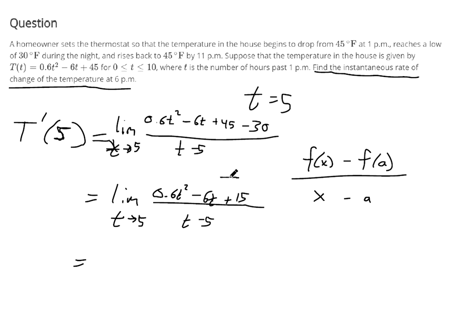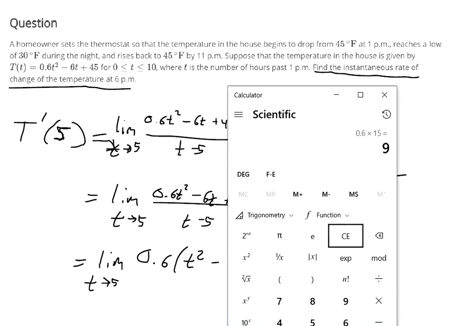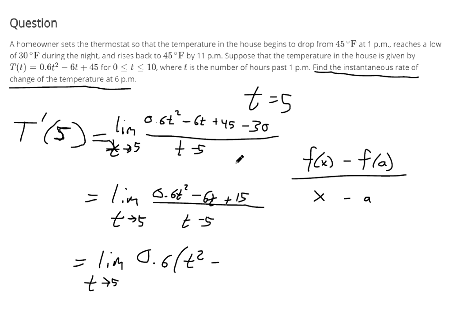I'm going to divide everything in the top by 0.6 to try to make it easier to look at. That way the leading coefficient is 1, and that makes it easier to factor. -6 divided by 0.6 is -10.